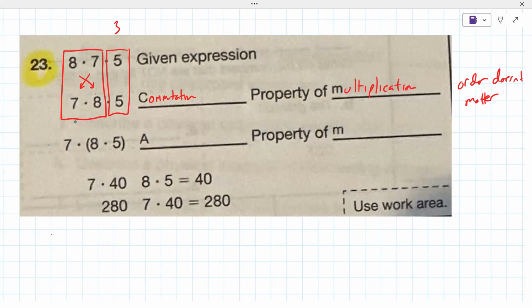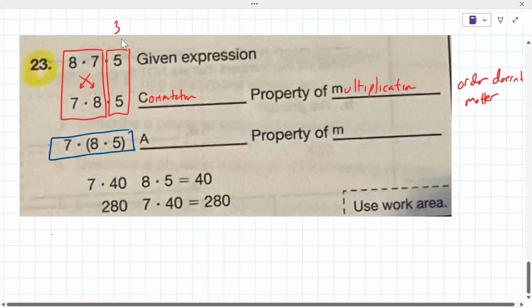Now, let's take a look at this one. 7 times 8 times 5. And I know it's a little bit hard to see. I guess they're doing it in order here. This is not very good the way they're doing this. Okay. Let me do this differently.